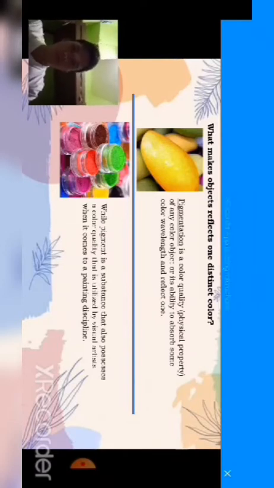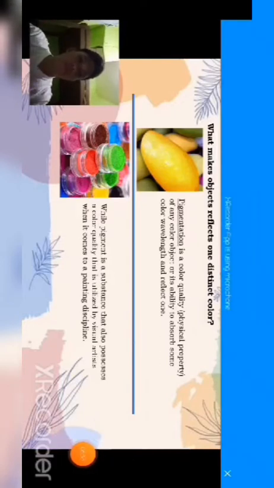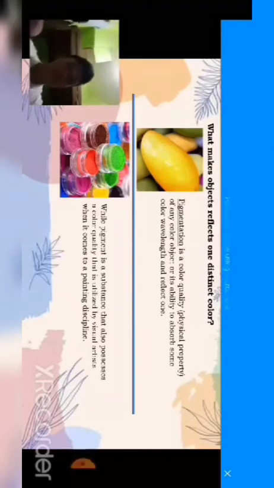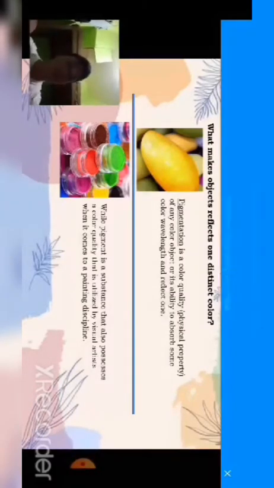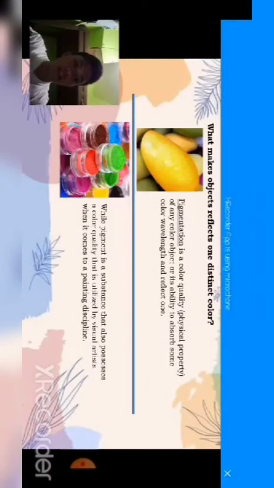So pigmentation means coloring. A pigment is a material that changes the color of reflected or transmitted light as the result of wavelength selective absorption. In other words, it's a substance that appears a certain color because it selectively absorbs certain wavelengths of light.